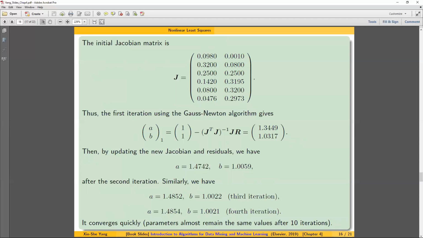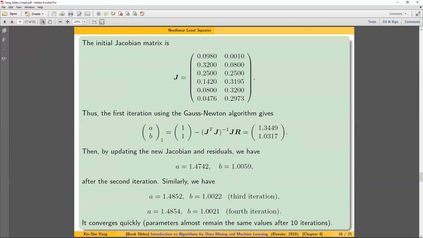We have A of this first iteration. The first iteration using A and B gives this.